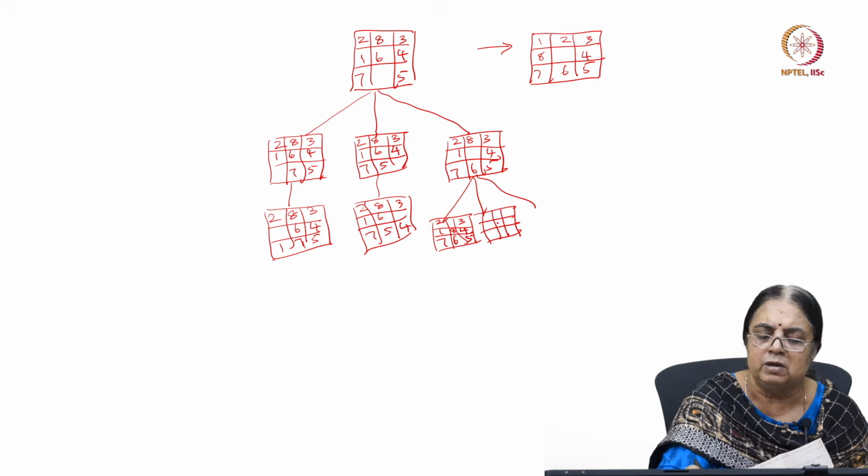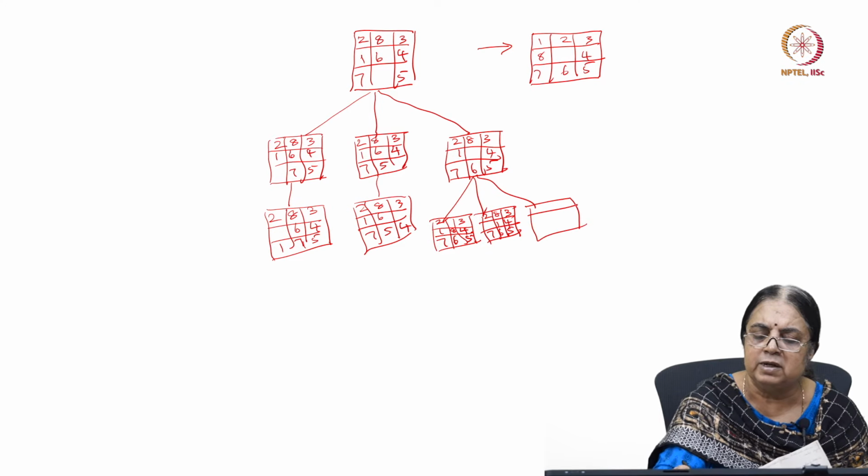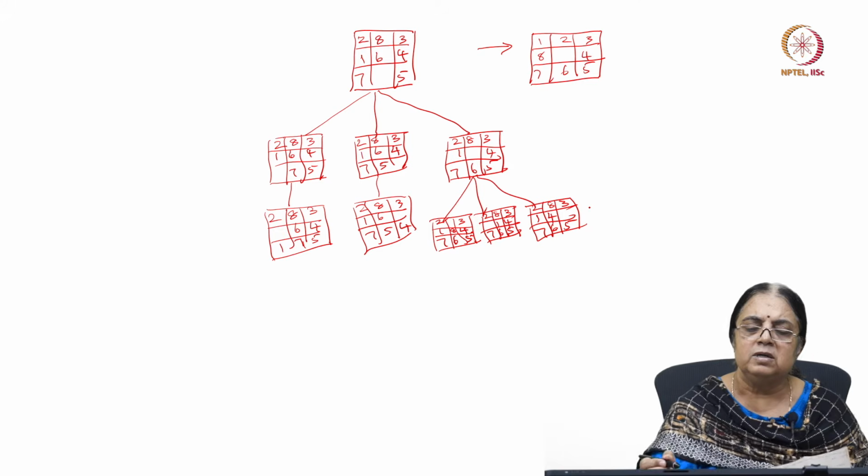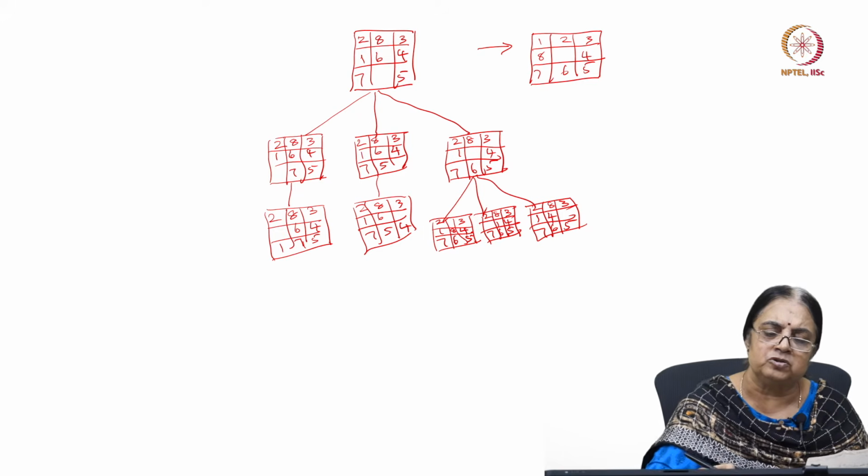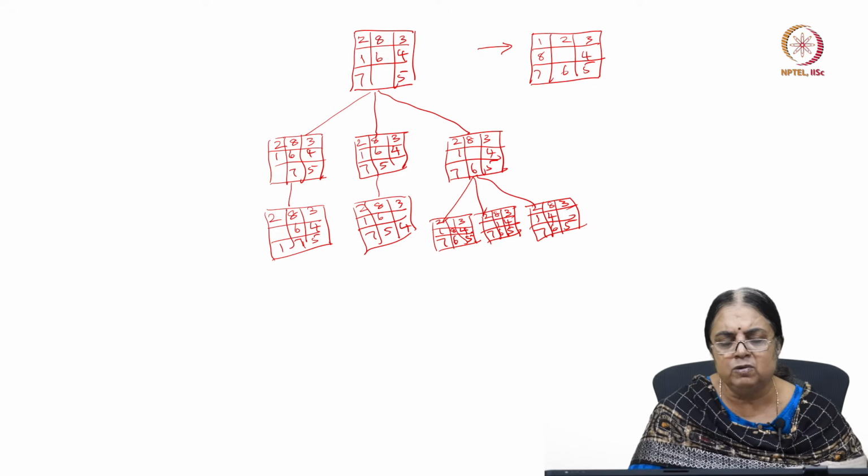If you move it to the left, you will get 2, 8, 3, 1, 4, 7, 6, 5, or if you move it to the right, you will get 2, 8, 3, 1, 4, 7, 6, 5. So this is the breadth first search we are doing here.